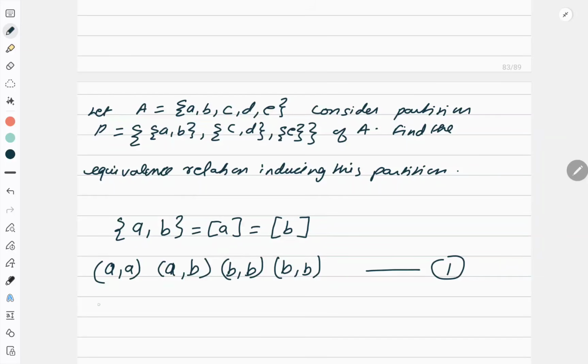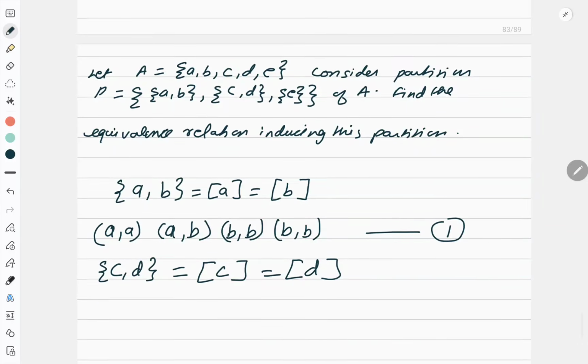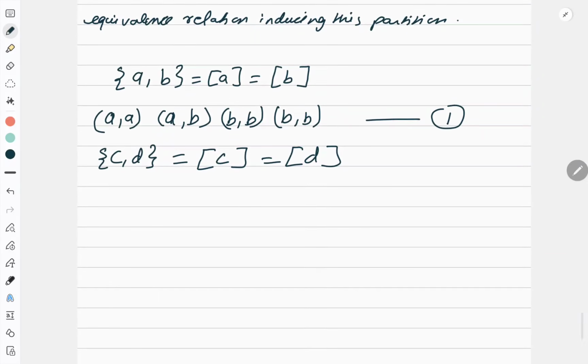Now the second is C, D. So C, D is basically the class for C and D. So I'll write it here in my relation. The terms: first will be (A,A), (A,B), (B,B) and (B,A).